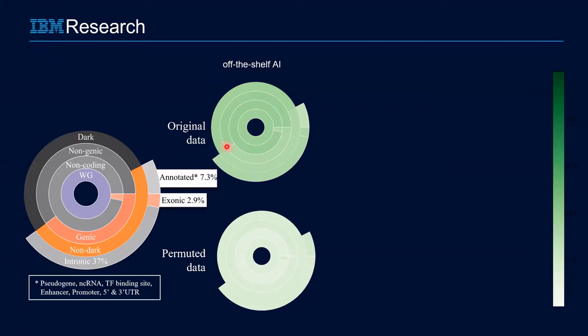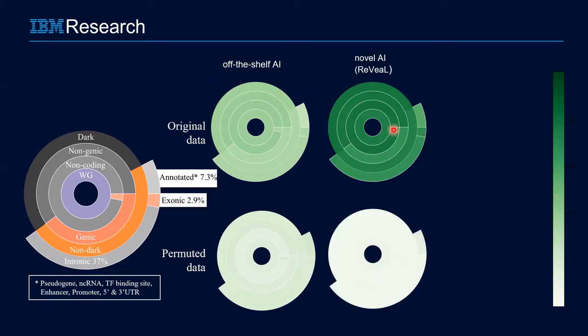And this is the original data, and this is sort of an average of off-the-shelf AI methods. You can see that it is somewhere in this range, kind of mediocre. Then we use the stochastic regularization method, and you see that this gets darker and this gets lighter, suggesting that perhaps we are doing something right. It has different values for these different regions, but overall it is separating them well.